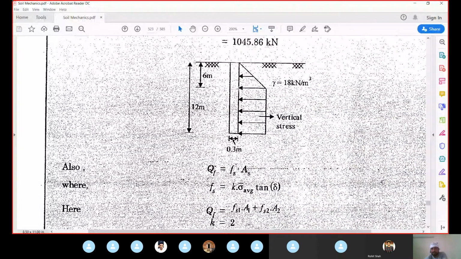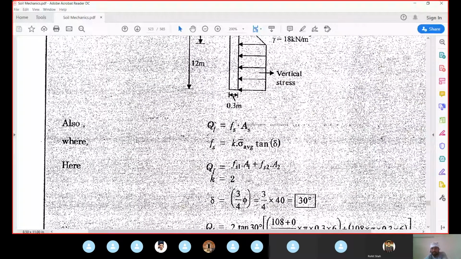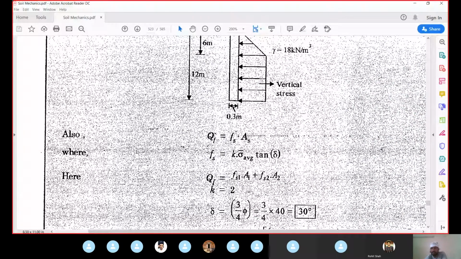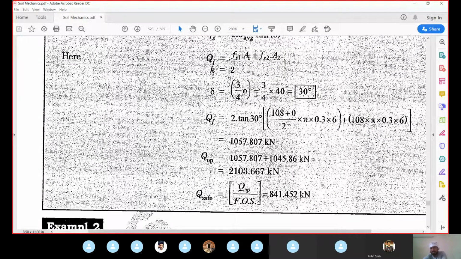Here it is 0, here it is 108. So 0 plus 108 divided by 2, you will get the average effective stress till 6 meter depth, multiplied by pi into d into L. And then from this particular point to this particular point, we are getting the same effective stress, that is 108. So this is 108 multiplied by pi into d, where d is the diameter and L is the length for the remaining 6 meters. So you will get the total skin friction as 1057.807.